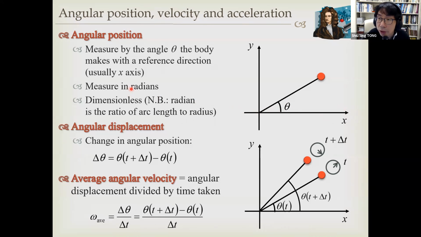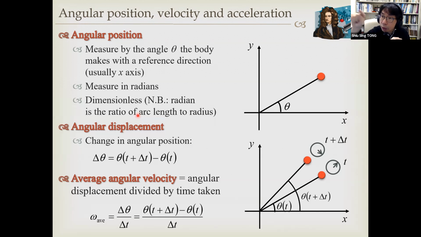The angle is always measured in radians because we are doing differentiation and integration. So when doing differentiation and integration, we always use radian as the angle. And radian is actually dimensionless. Why? Because radian is defined by arc length. The arc length divided by the radius is the radian.